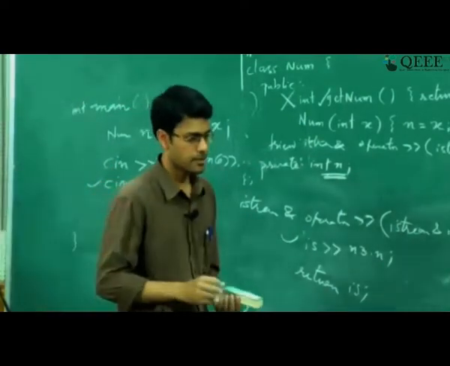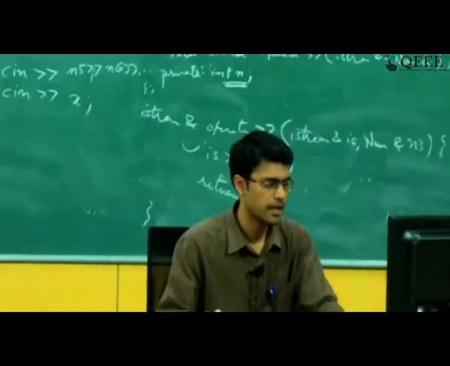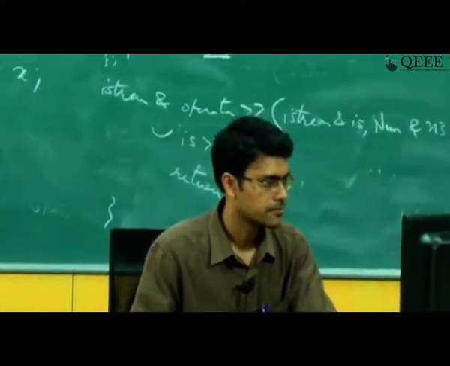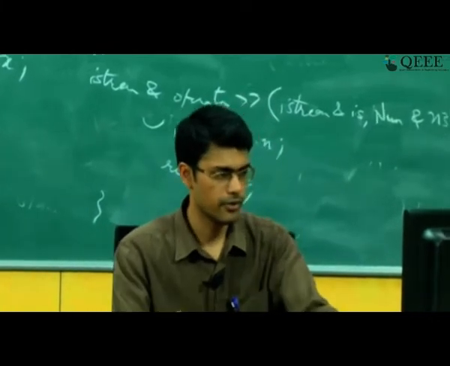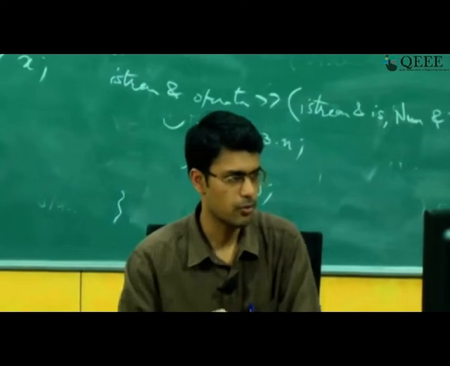Okay. So that is for the overloading with respect to cin, and then you can combine the left shift and right shift operators arbitrarily. So yeah, I'm going to take up the questions a little later. Already there is one question, and feel free to ask more questions.